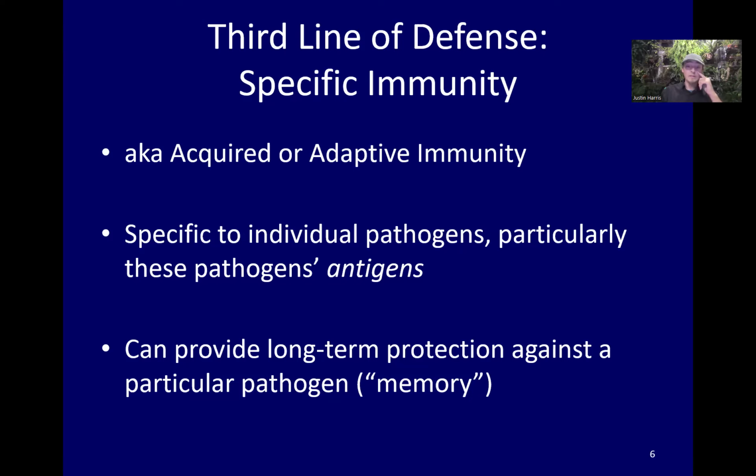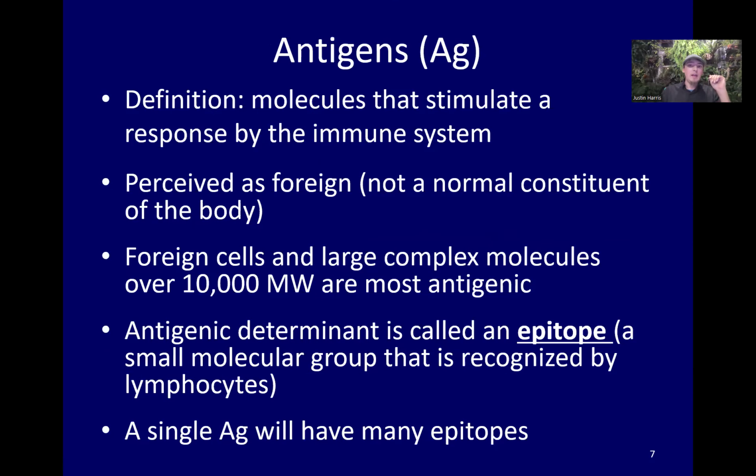The adaptive response is an acquired response that is shaped by current and past infections to fight infections. It uses antigens, which are detected by antigen receptor proteins, which we'll talk about: T cell receptors and B cell receptors, or antibodies.